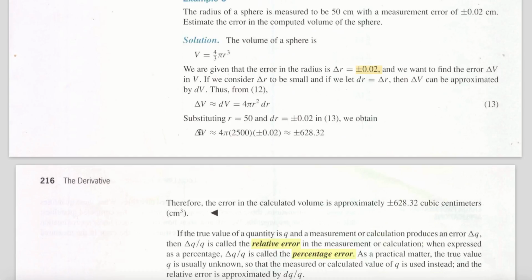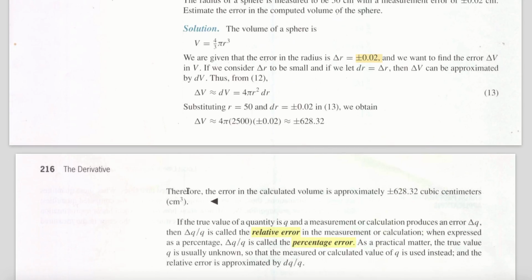Change in volume is approximately 4 pi 2500 times plus or minus 0.02, which is approximately plus or minus 628.32. Therefore, the error in the calculated volume is approximately plus or minus 628.32 cubic centimeters.